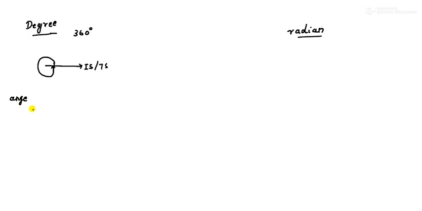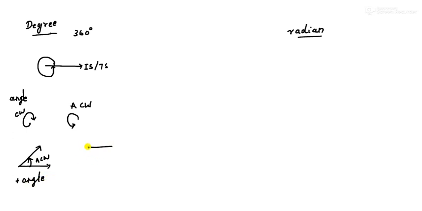But what if we take the angle in the reverse direction? See, the angle can be measured in this direction, that is clockwise, or in this direction, which is anti-clockwise. If the angle is measured in anti-clockwise direction, it is called positive.